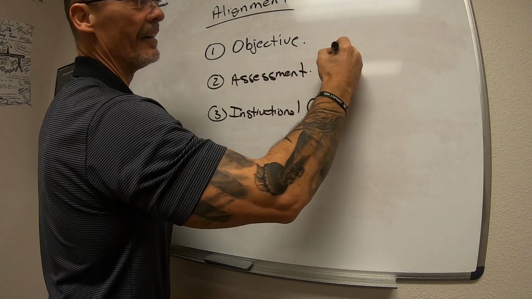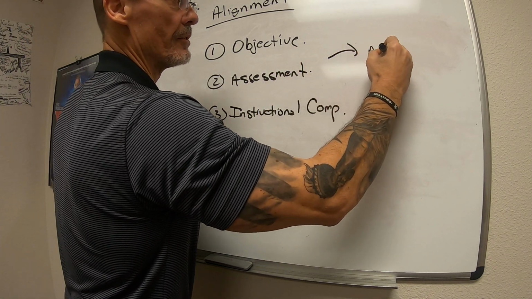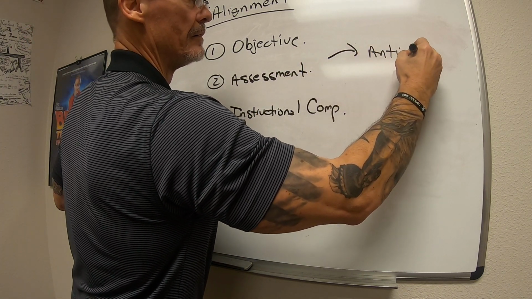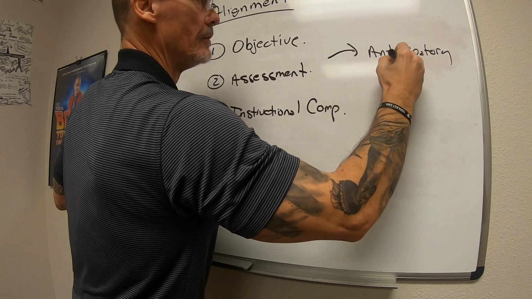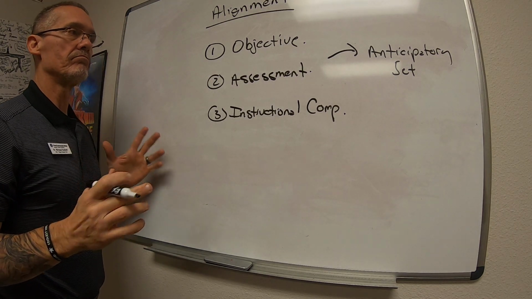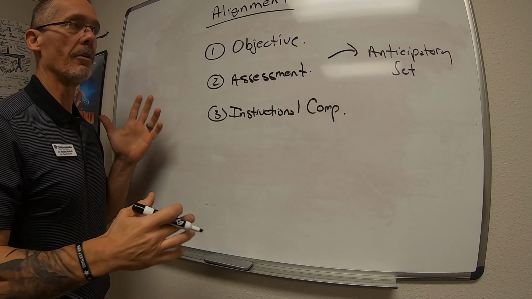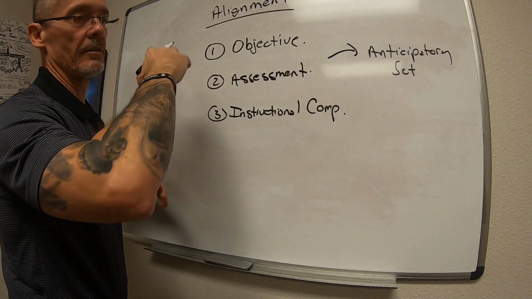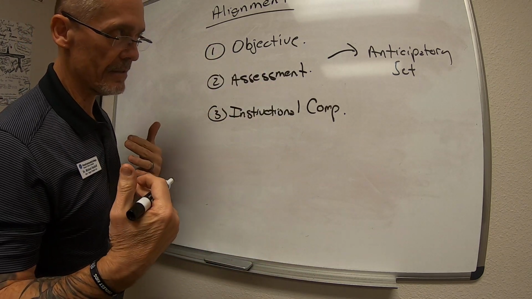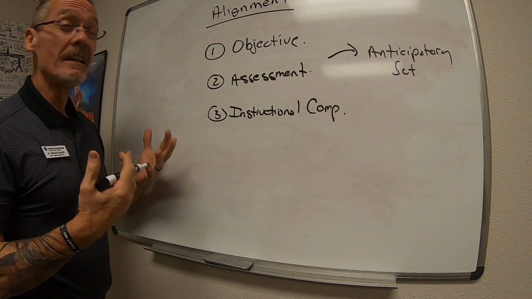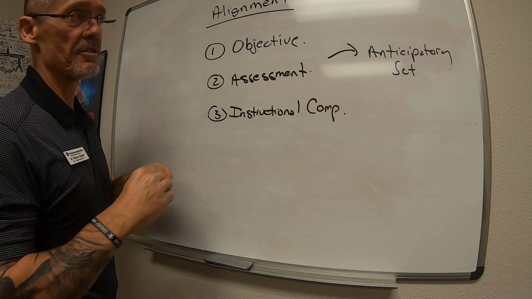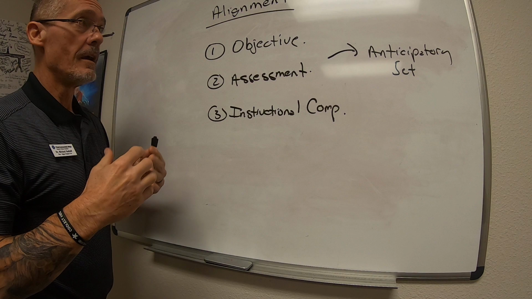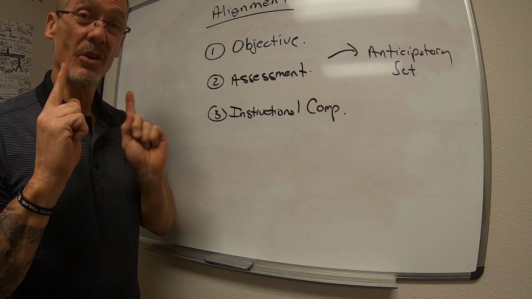And then over here, we have the anticipatory set, which can come at any order, before the lesson, middle of the lesson, end of the lesson. It doesn't really have to be closely aligned. I'll touch on that right now. My view of the anticipatory set is it has only one goal, okay?